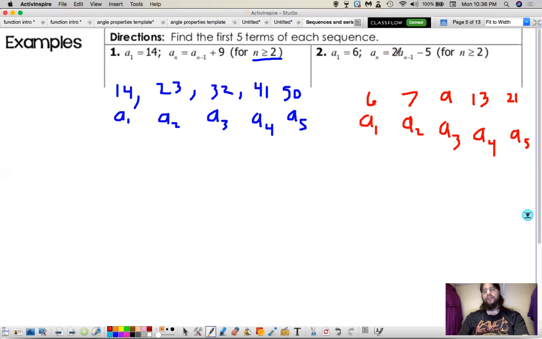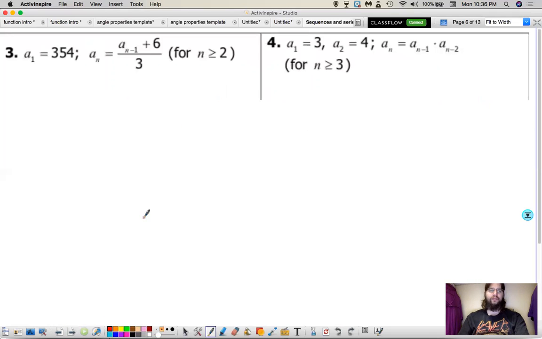So the pattern is double minus 5. You probably want to use a calculator for some of these. Your arithmetic gets tricky on you, or if you have a big number like this and don't feel like thinking about it.